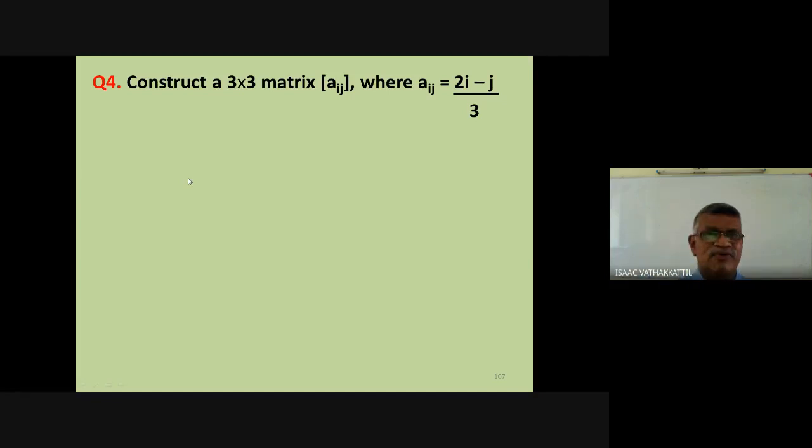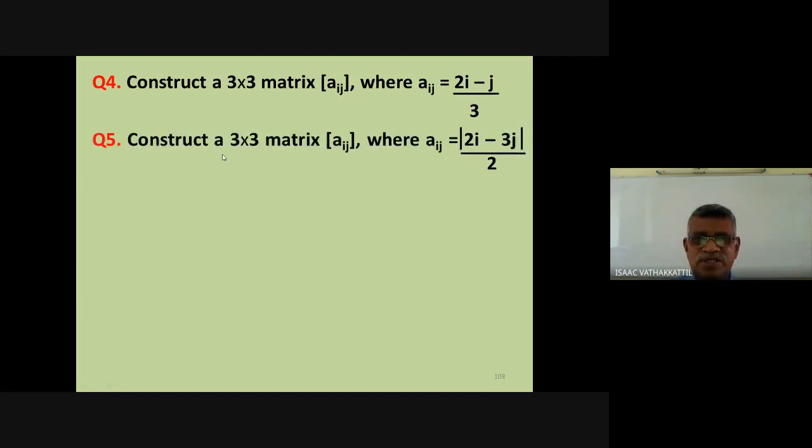Consider a 3 by 3 matrix Aij, where Aij equal to (2i - j)/3. Construct a 3 by 3 matrix Aij, where Aij is the modulus of (2i - 3j)/2. Remember, modulus of (2i - 3j)/2. Calculate slowly and substitute in the 3 by 3 matrix.